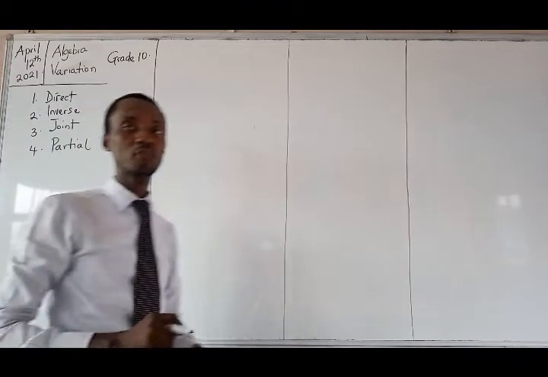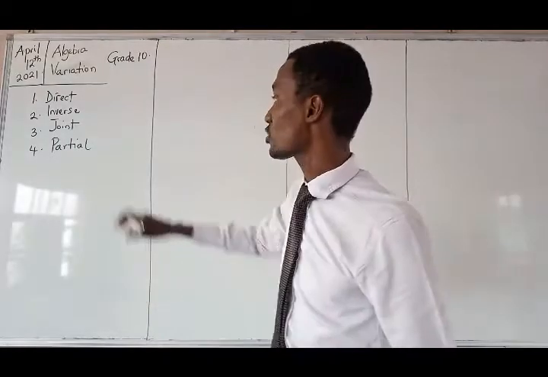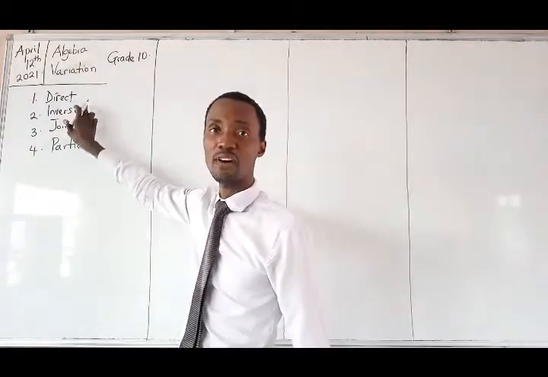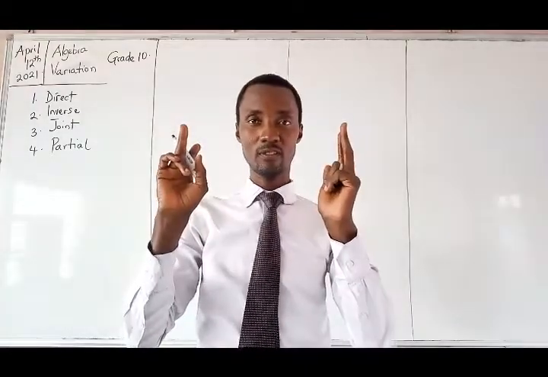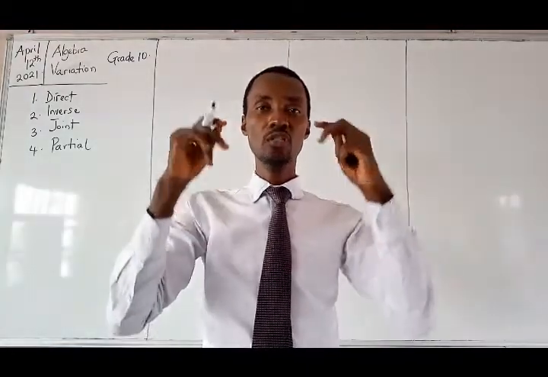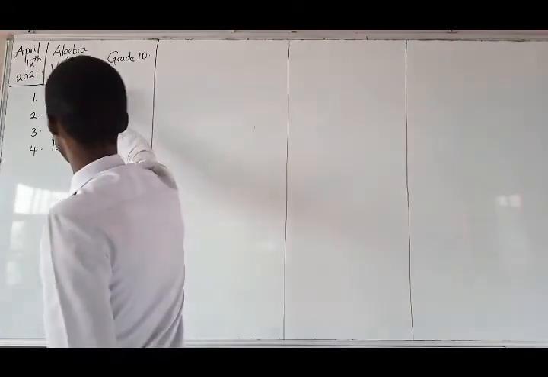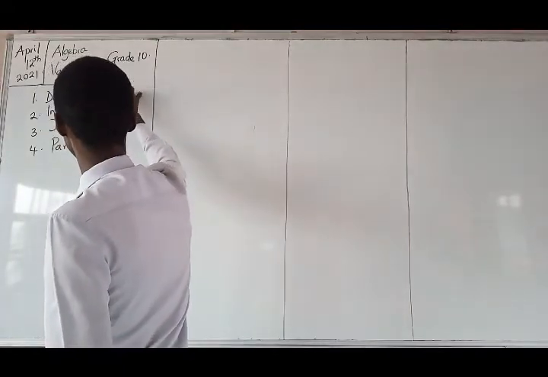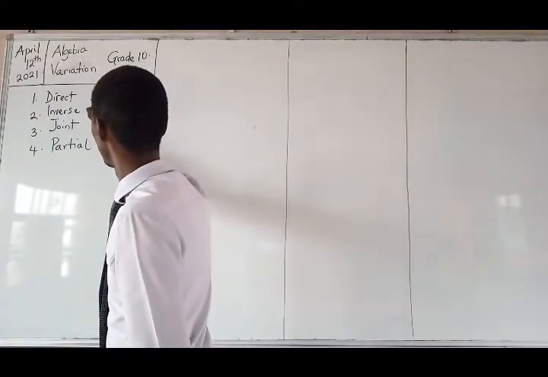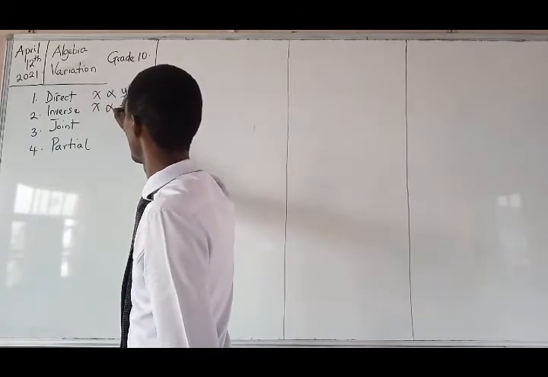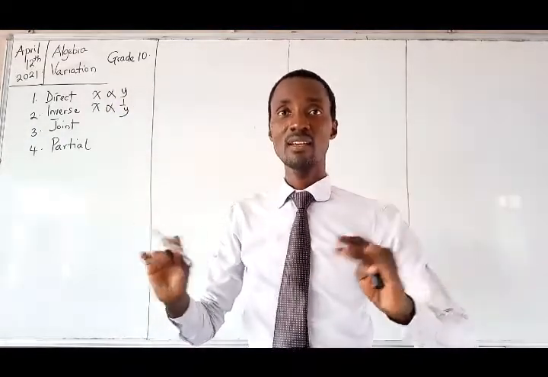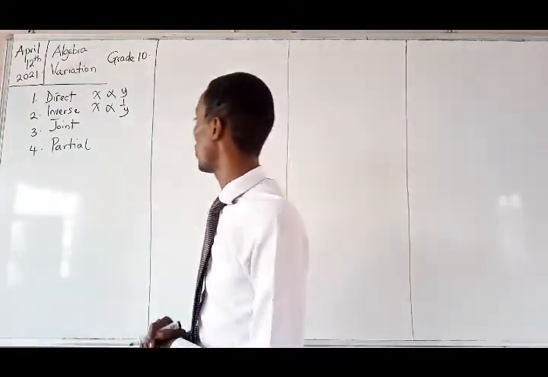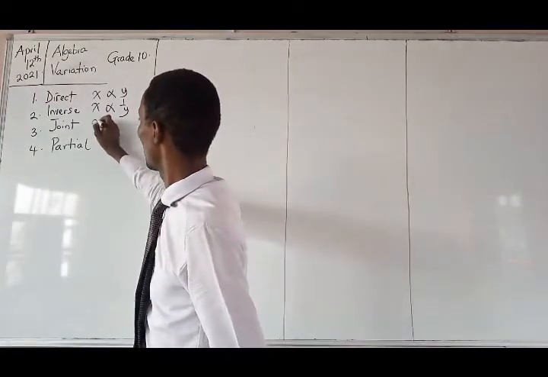By way of expanding further, the first two types, direct and inverse, relate just two terms. Don't bother trying to understand what that is for now. Just write that. I will explain as we come on.